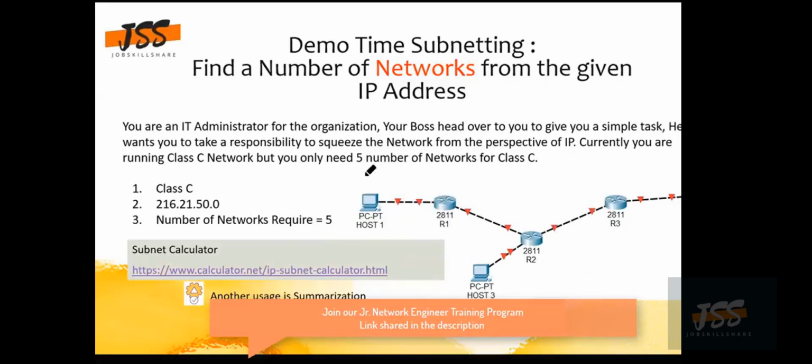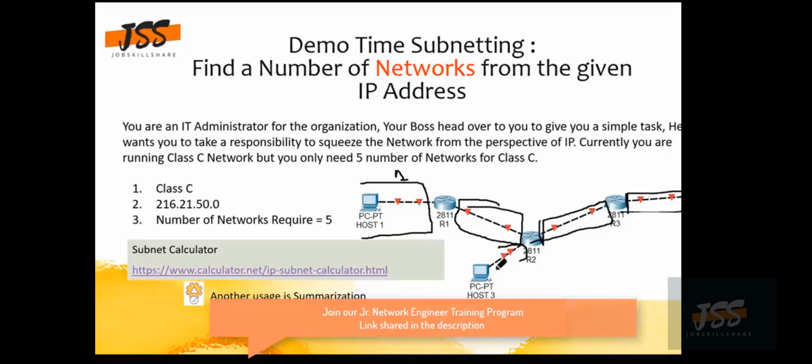How? Let me show you: this is the topology. You need 1 network just for this portion. You need 1 network to connect these 2 devices. You need 1 network for this, 1 for this, and 1 for this, which becomes a total of 5.